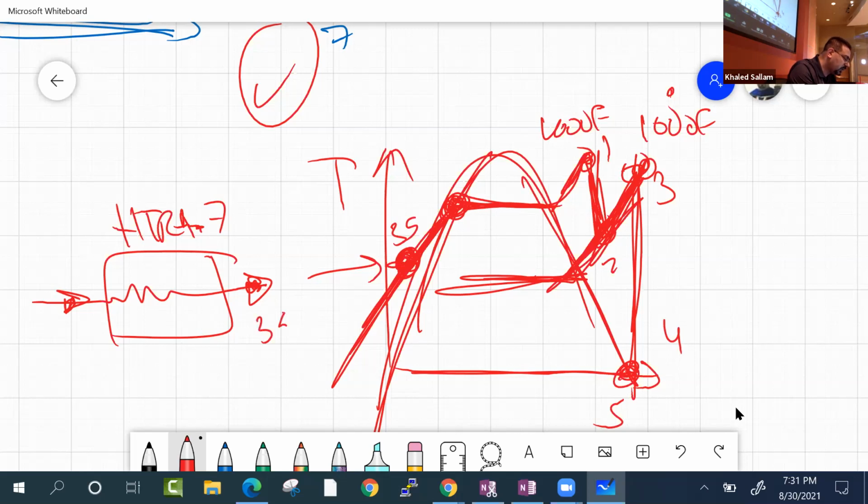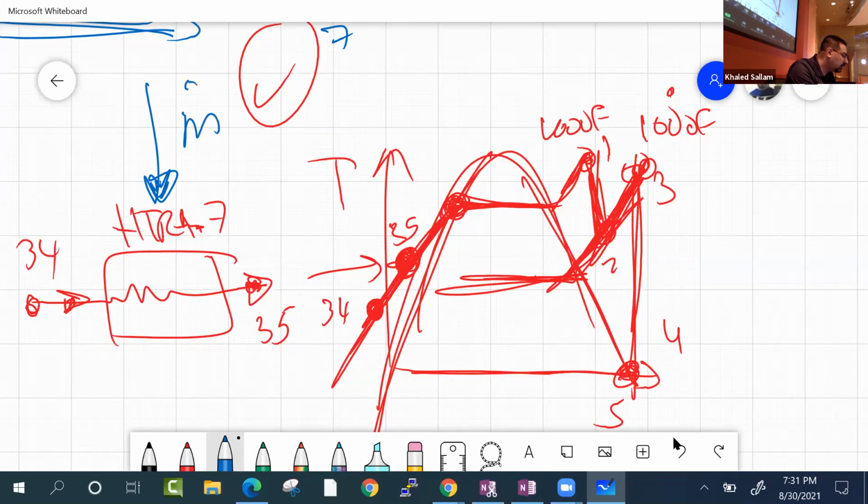So this is 35. And before that 35, the water here was 34. And how did the water go from 34 to 35? How did the water get that hot inside this heater? It's because of the steam that's coming at M.7, he basically heats the water, right?